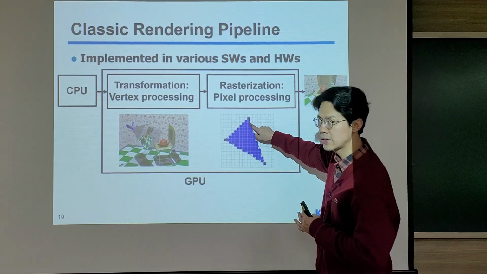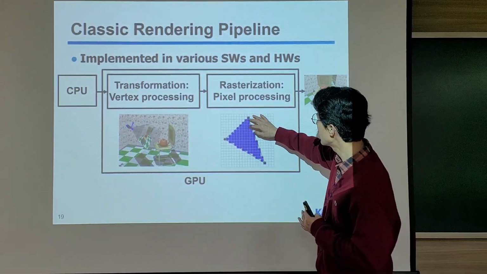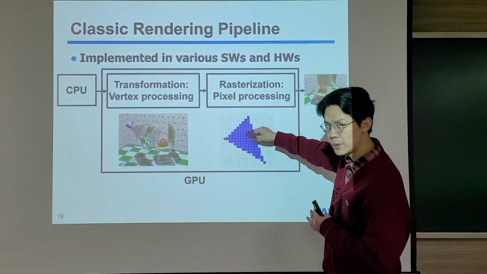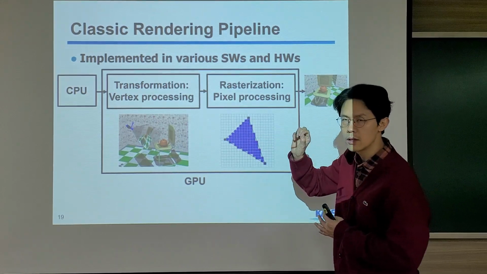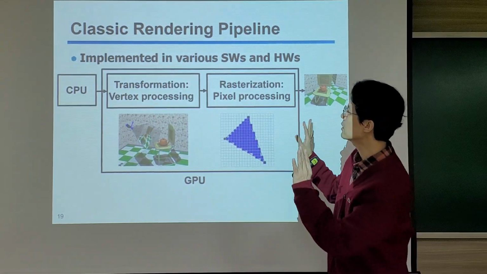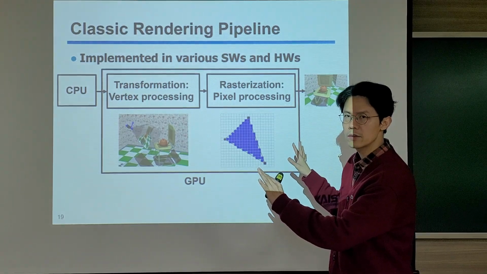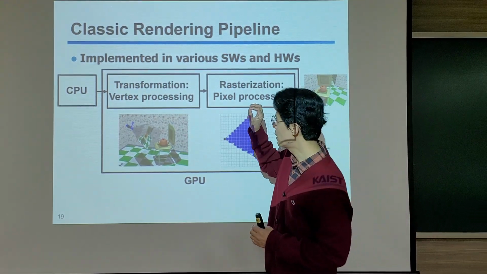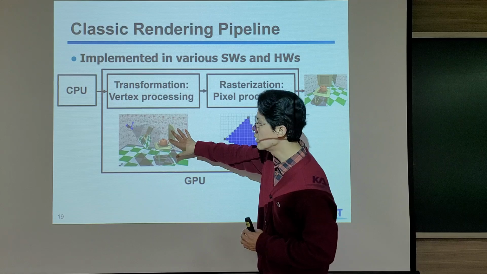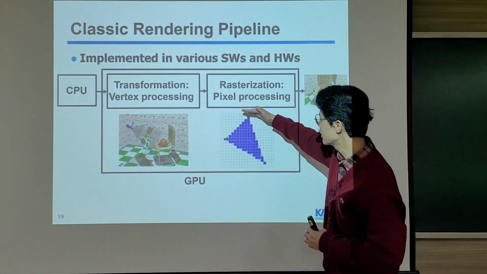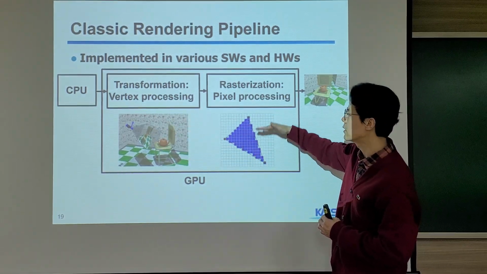We identify the pixels in between within this triangle, and then we compute the color. So that's the intuitive structure, starting from the 3D model into the camera space, and also the pixel color here in the image space.